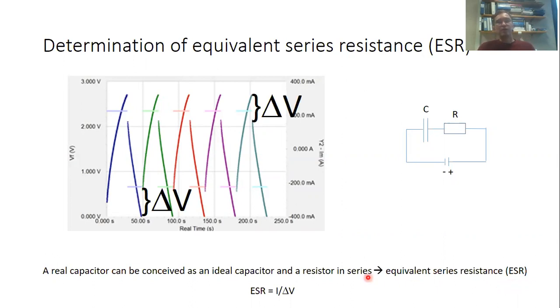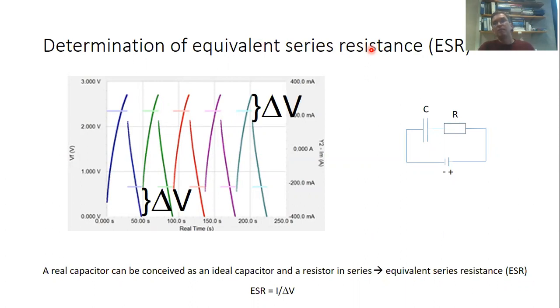The equivalent series resistance is essentially the sum of the series resistances within your capacitor. So that is the electrical resistance of the electrolyte plus the electrical resistance within your electrode itself, plus all the contact resistances. For example, the contact resistance associated with the contact between the supercapacitor electrode material and the current collector.